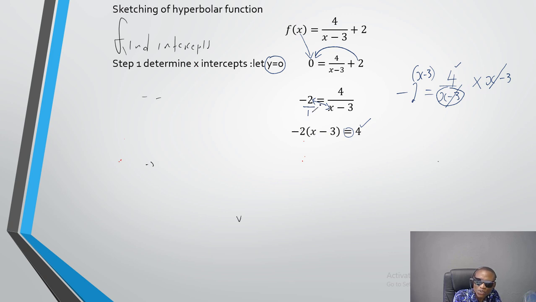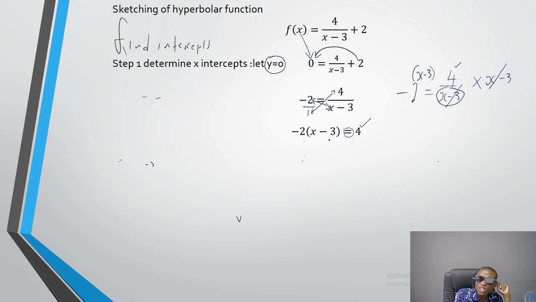Then 1 times 4, which is equal to 4. So you can still say cross multiply, but I prefer the idea of multiplying by x minus 3 on both sides to remove the denominator. Now you have minus 2 into x minus 3. You are multiplying negative 2 with x minus 3.